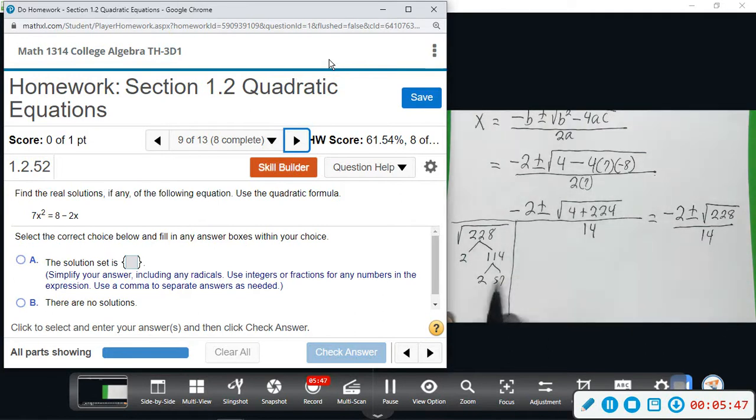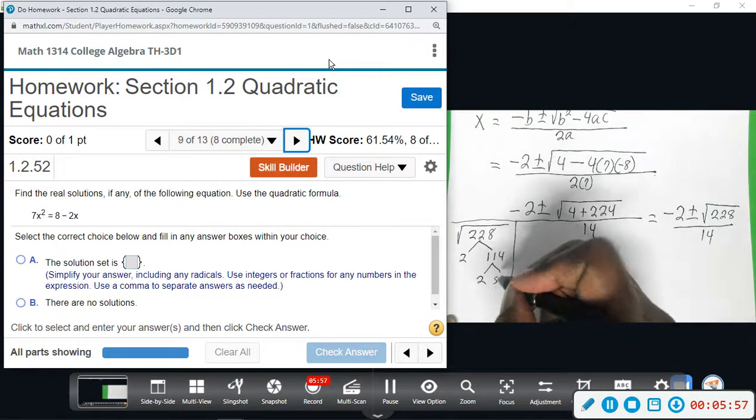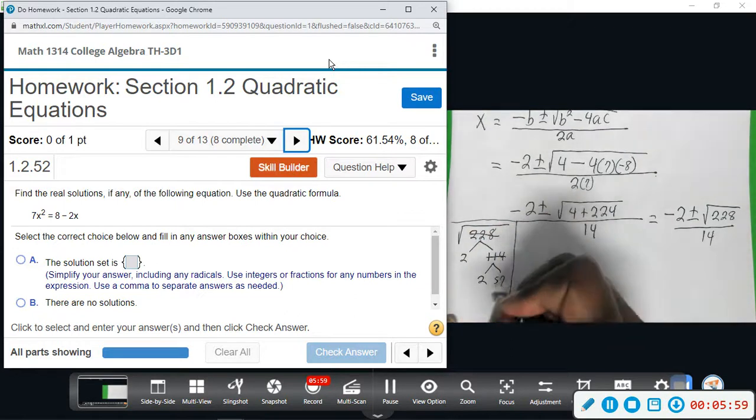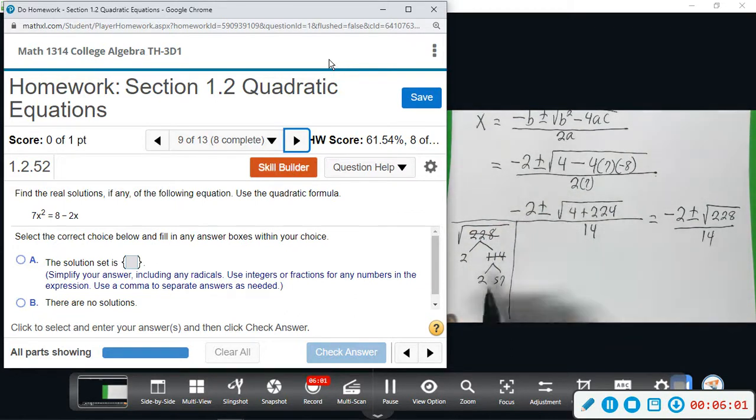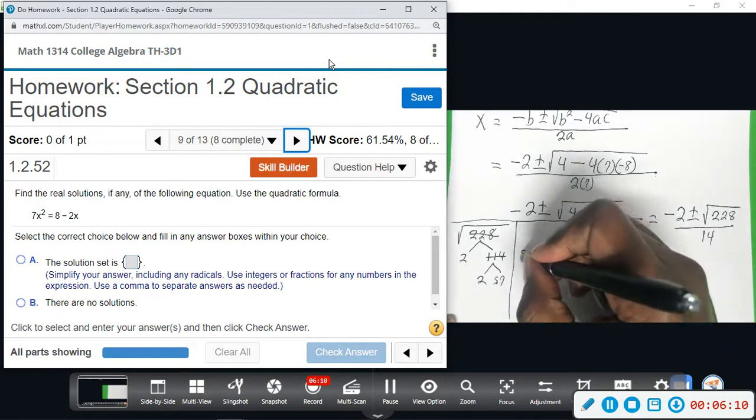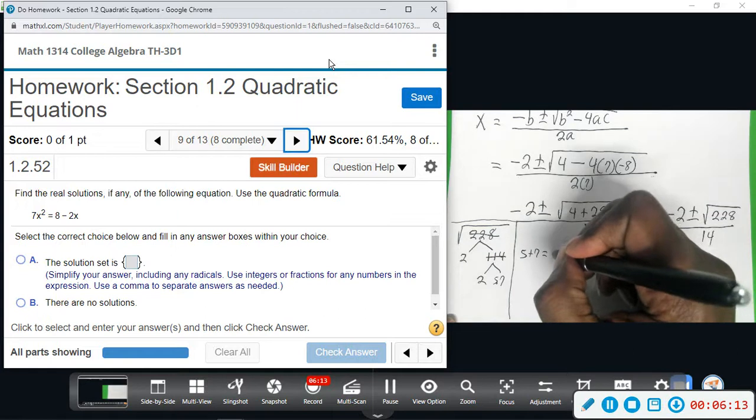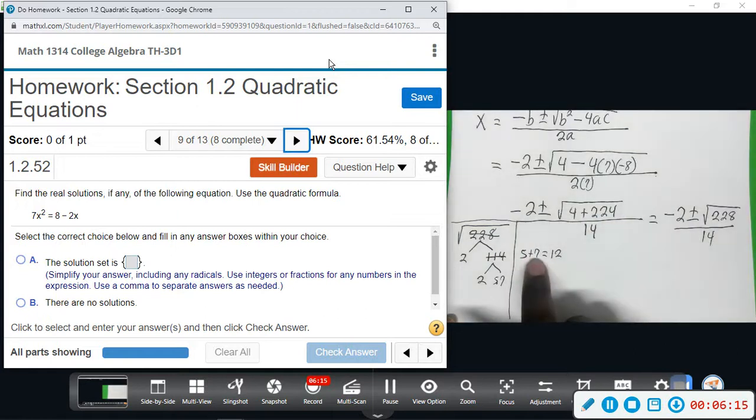Okay, yeah. And then this number is divisible by 3. It's not easy to see, but it's divisible by 3. Those rules of divisibility you might have seen before, may not remember. If you add up the digits, so 5 plus 7 is 12. If you add up the digits of any number and that sum is divisible by 3, then the number is divisible by 3.